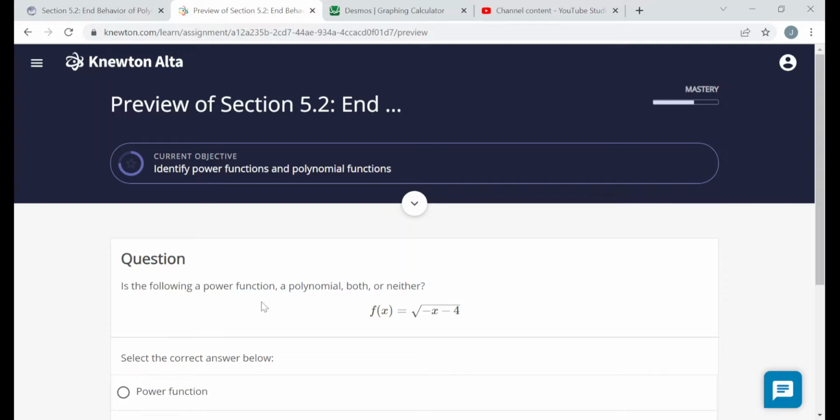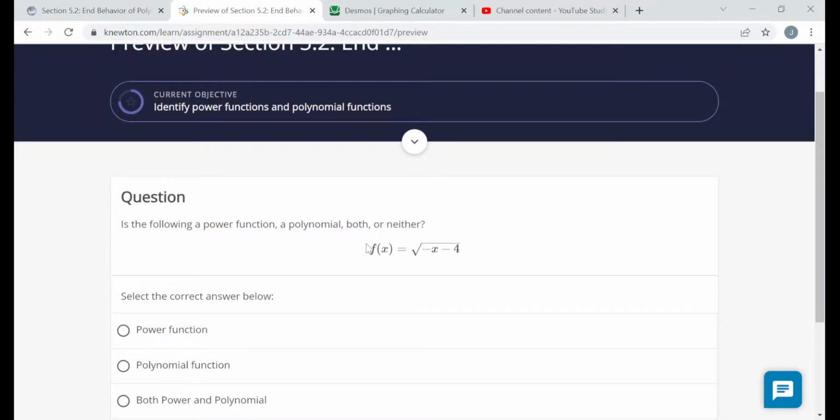All right, is the following a power function, a polynomial, both or neither? Anything with a special symbol in it is not going to be a polynomial. Now you could write this to a power as well if you want. You could say it's negative x minus 4 to the half power, 1/2. I remember square root is the 1/2 power.